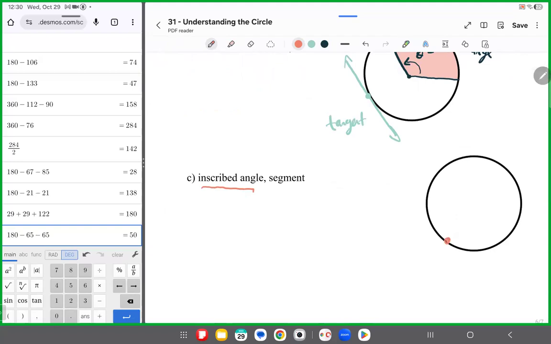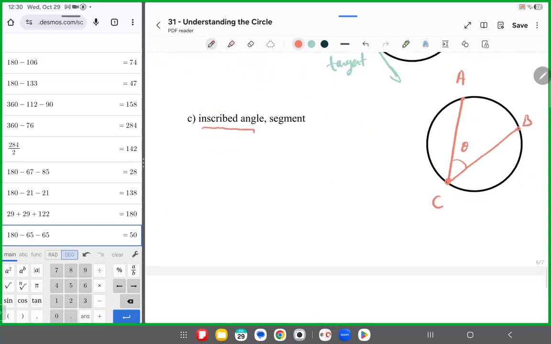So let's pick 2 points like such, or 3 points total on the circle. So we'll call this A, B, and C. And here is the inscribed angle theta. So we would say that angle ACB is the inscribed angle.